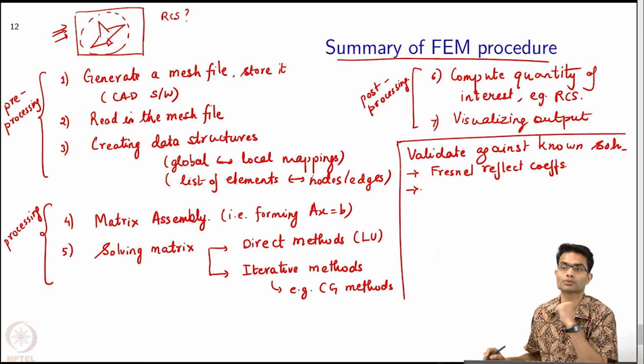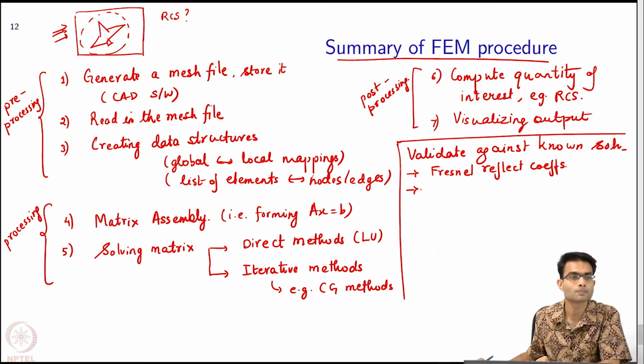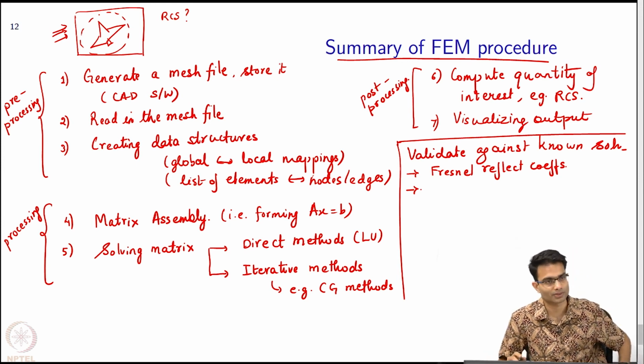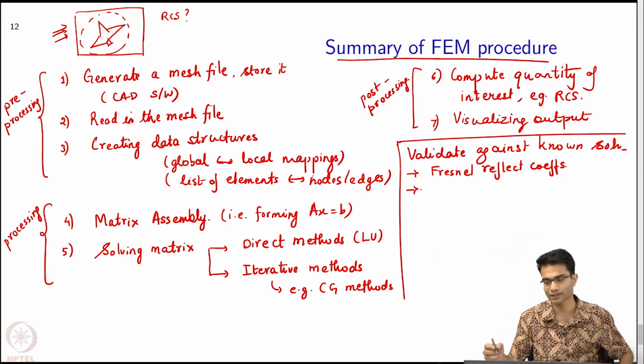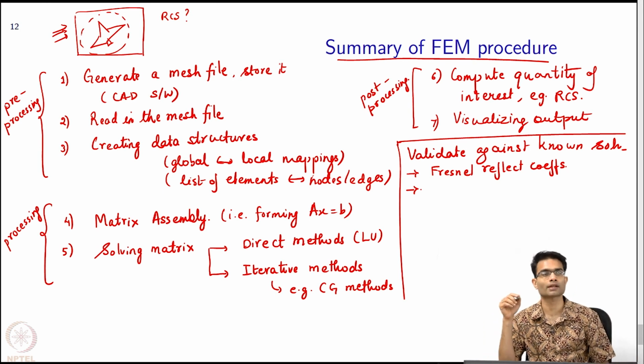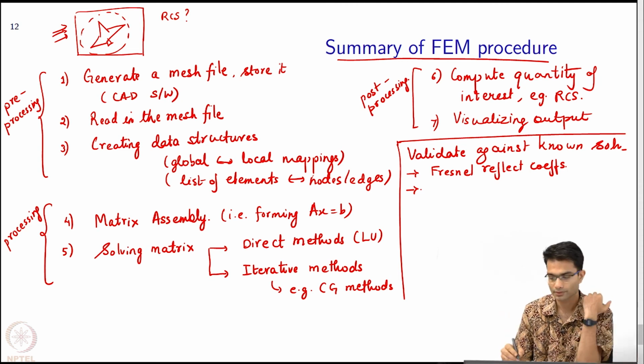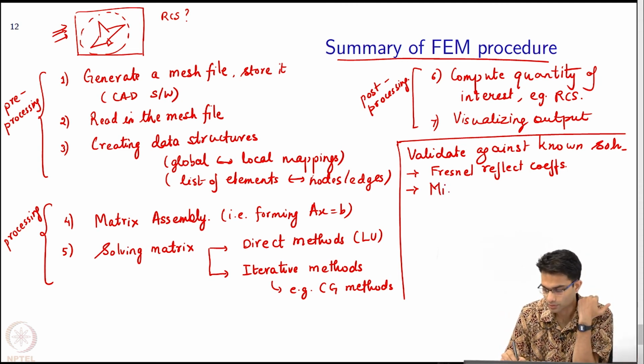Any other solutions you can think of? So, it turns out there are very few problems in electromagnetics where there is a known analytical solution, and one is this Fresnel reflection coefficients, the others are scattering from an infinite cylinder and a perfect sphere. These are called Mie series solutions. Cylinder and sphere.